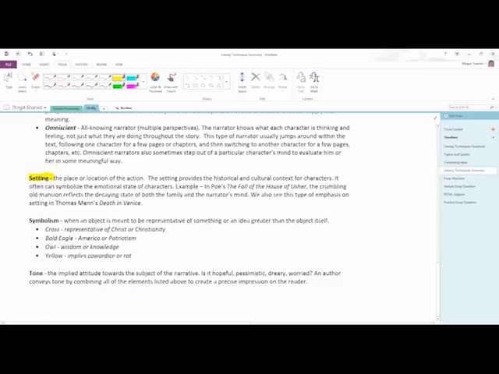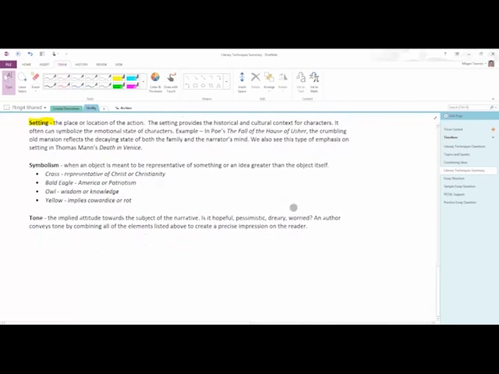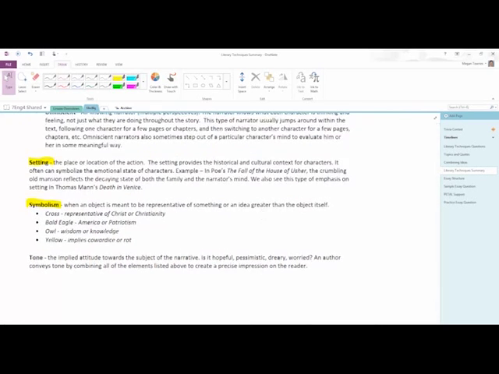So that's always good to mention if a setting does symbolize something else. Speaking of symbolism, sometimes there are objects within the novel that are symbolic of something else, and it's good to mention those as a technique that the author might have used in their novel. And finally, the overall tone of the book is something that you can mention as a technique that the author has used to construct meaning.